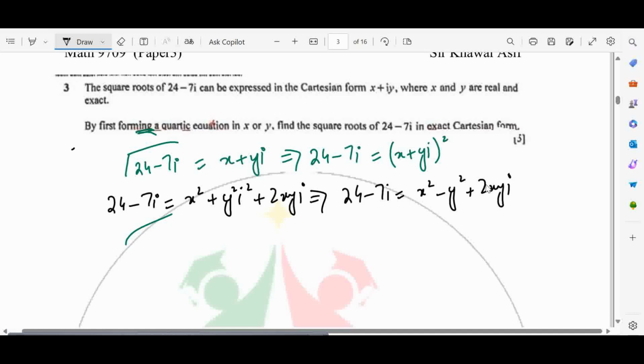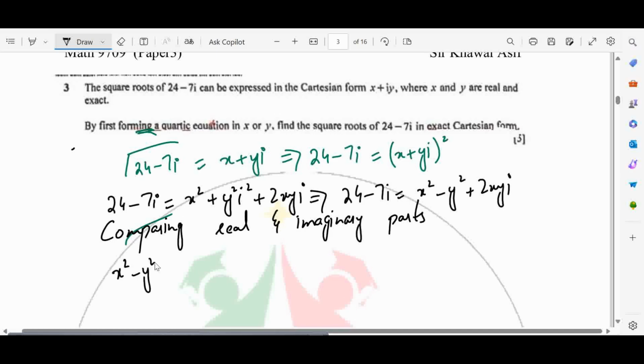Now comparing real and imaginary parts, we write x square minus y square is equal to 24, and the other one will be 2xy is equal to minus 7.